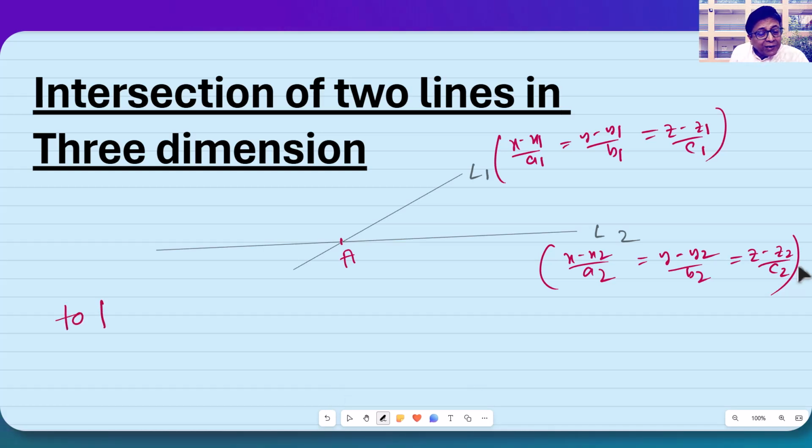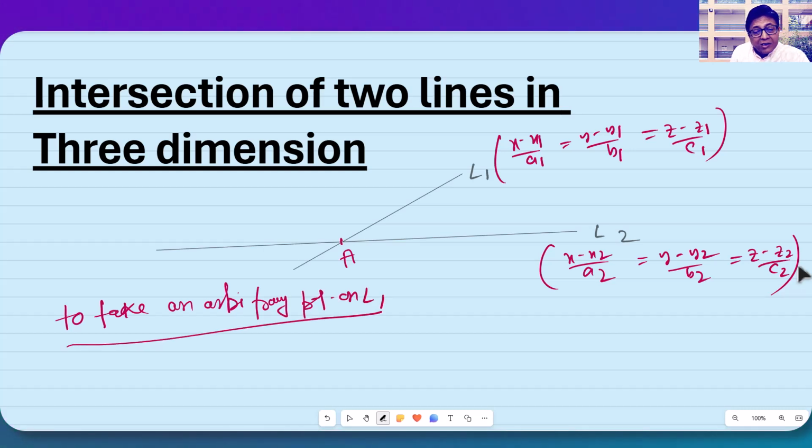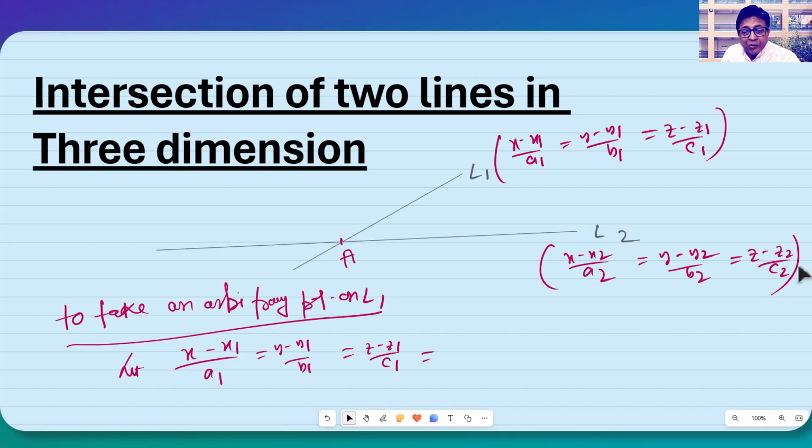To take an arbitrary point on L1, the first line, we just write x minus x1 by a1, y minus y1 by b1, z minus z1 by c1 is equal to t. t is a scalar.